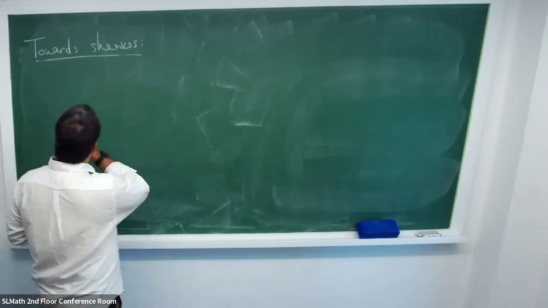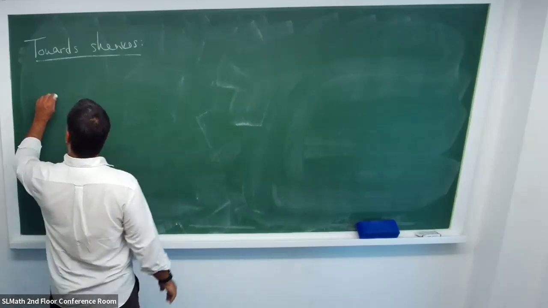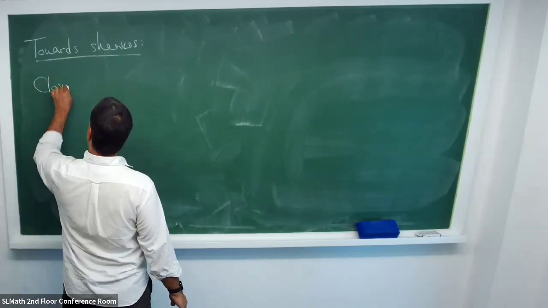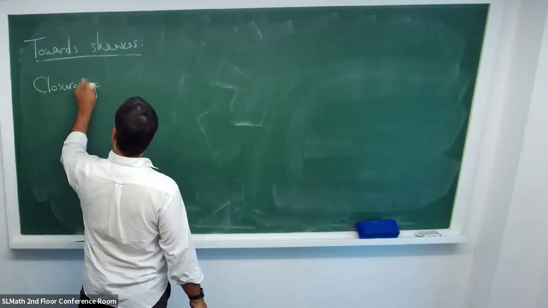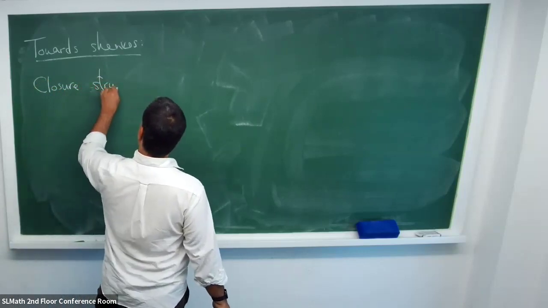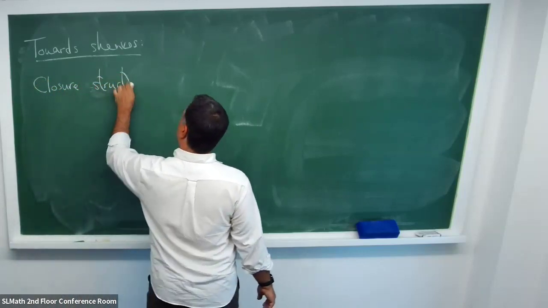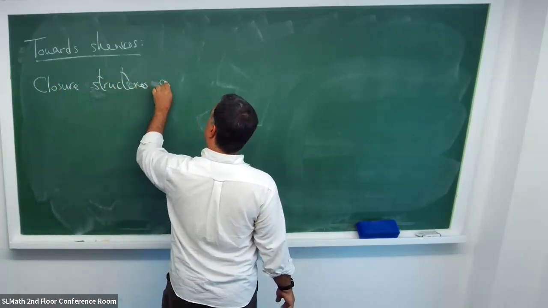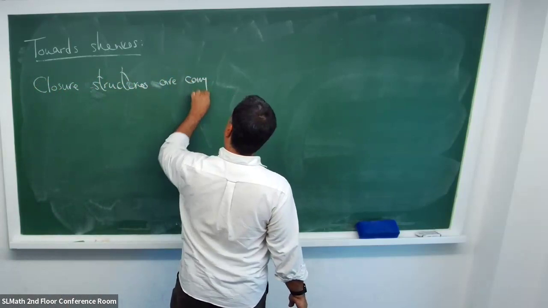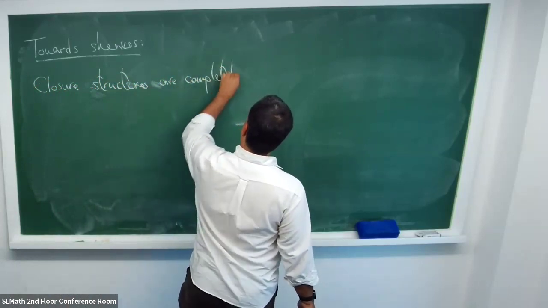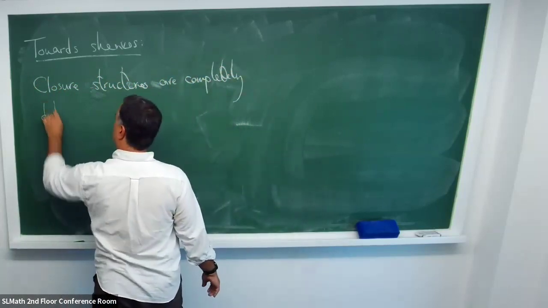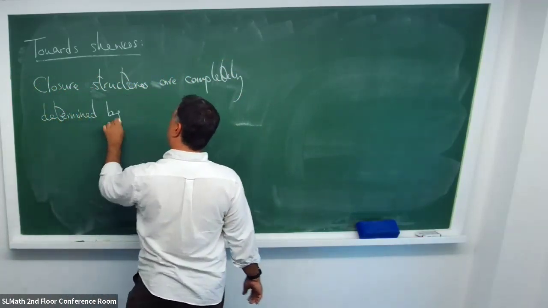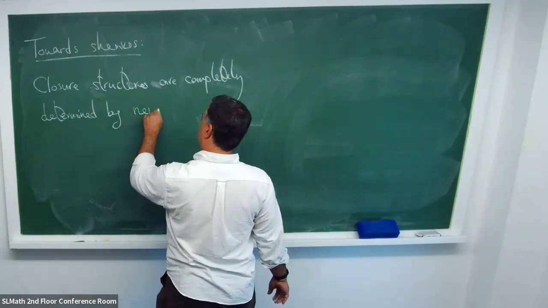Okay, so sheaf theory. One nice thing about closure spaces is that their structures are completely determined by what are called neighborhoods around each point.